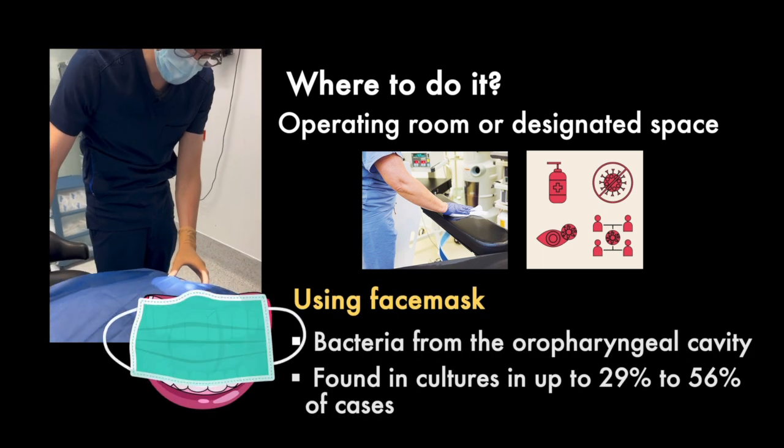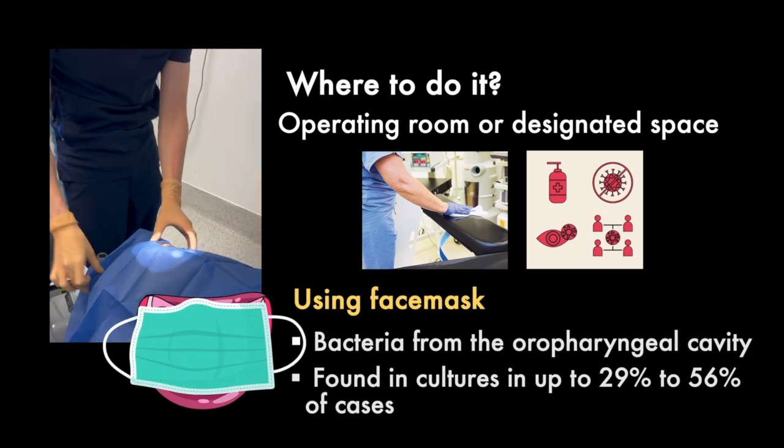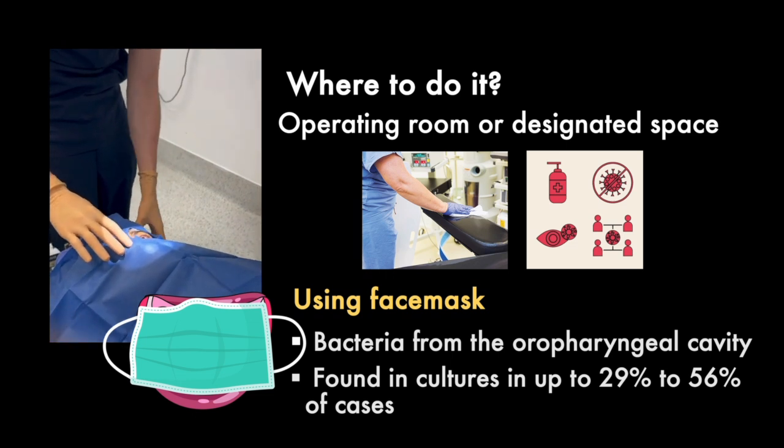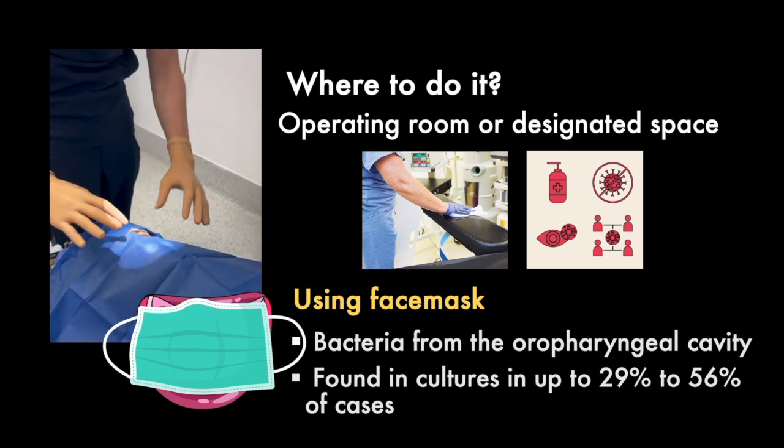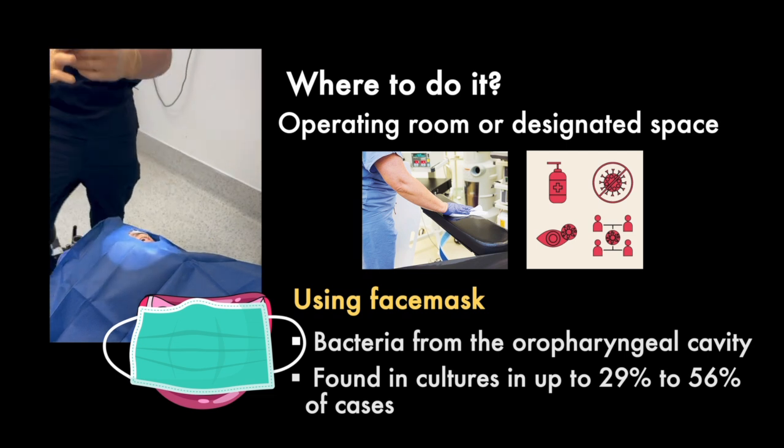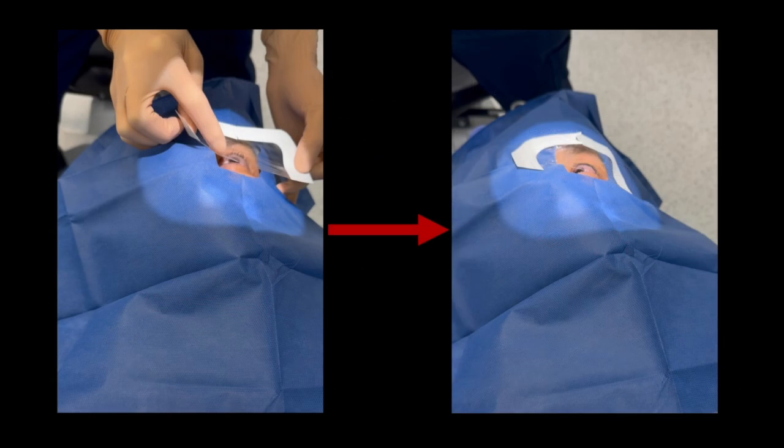Using a face mask is also important because it has been found that up to 29% to 56% of cases involve bacteria from the oropharyngeal cavity. I use adhesive sterile drapes and adhesive patches such as Tegaderm to isolate the eyelashes in both the upper and lower eyelids.